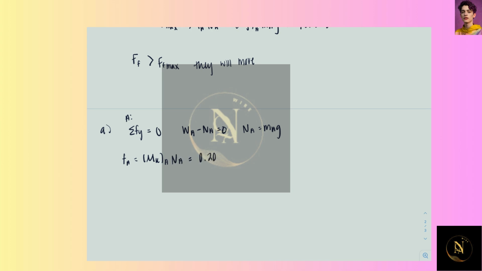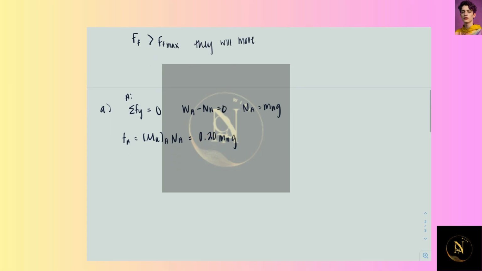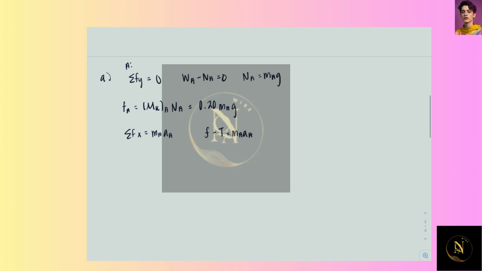This is equal to just plugging in what we're given in the problem. And we know that the sum of the forces in the x will be equal to ma. That's just Newton's second law. So we have our friction minus tension is equal to ma. And we know that tension is equal to this for block A.